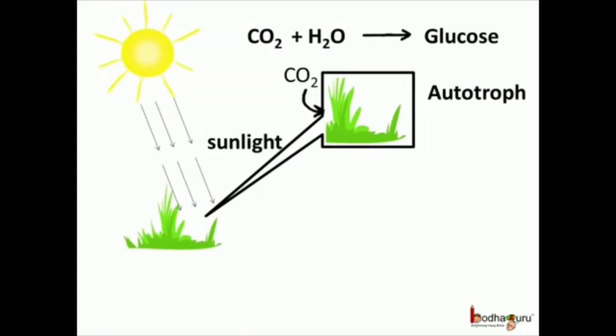The green plants, as we know, make their own food during the photosynthesis process, and hence they are called autotrophs. Auto means self and the Greek word troph means nourishment or food. Hence, the green trees are autotrophs, meaning they can make their own food.